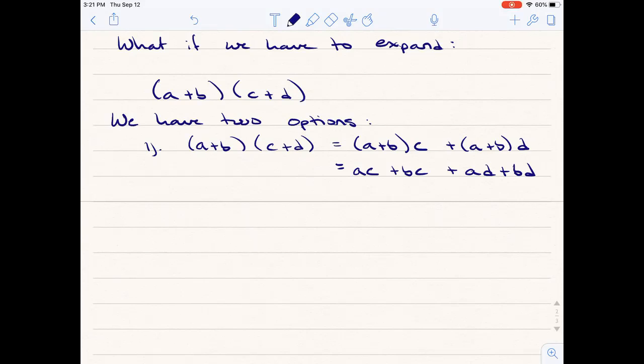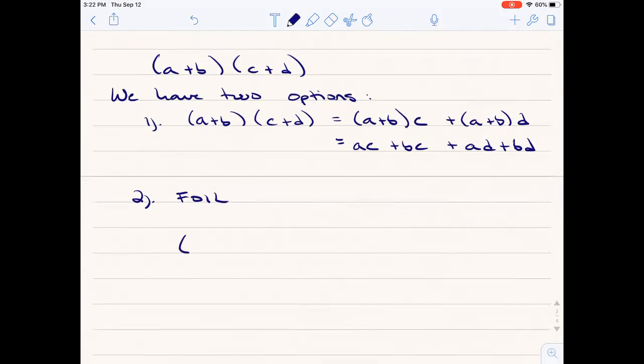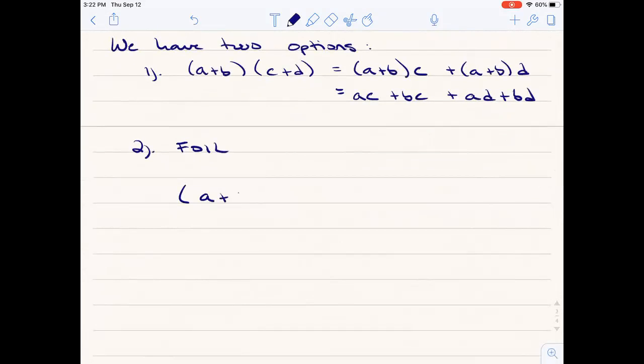Our second option is the one that I'm guessing most of you will use. Sometimes it's called FOIL. First, outside, inside, last. I don't know. It's been a long time since high school, but it looks like this. A plus B times C plus D, again, the same thing that we're dealing with.